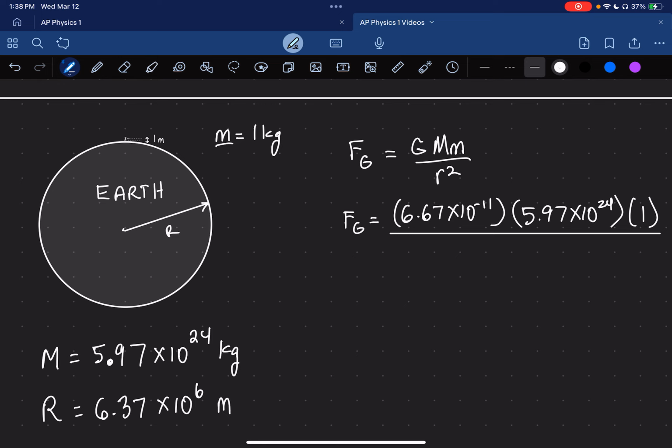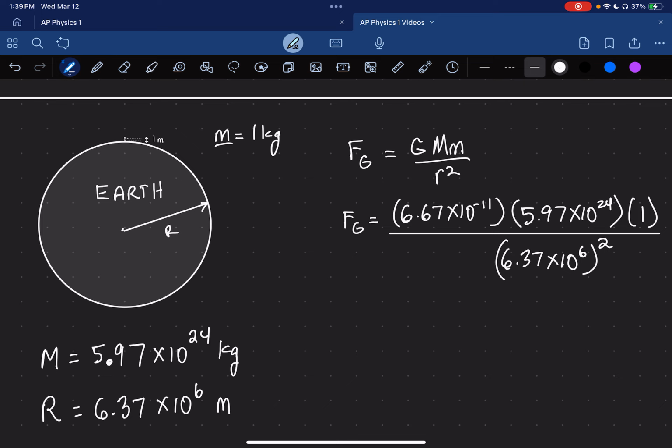You can trust me that if you add 1 meter to 6.37 times 10 to the 6 meters, that's 6,370,000, that doesn't really change the distance very much. In fact, for several decimal places, you wouldn't see that effect.